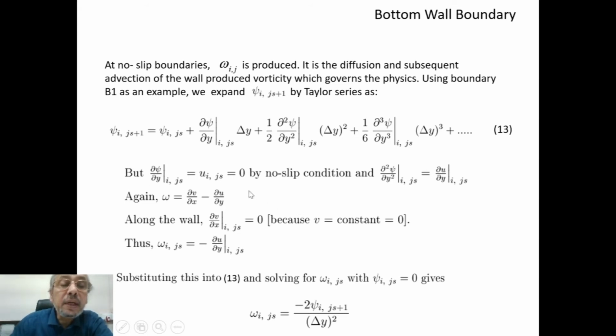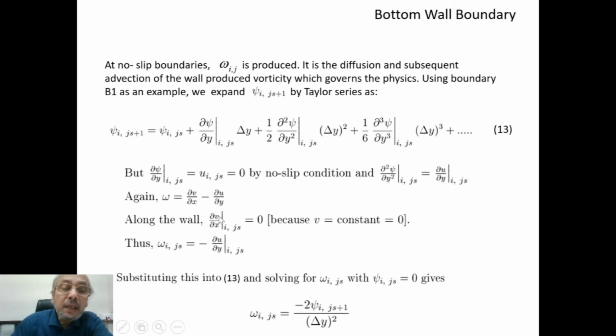So we can find the double derivative: del 2 psi del y2 at ijs equals del u del y at ijs. We leave it there; we are not giving any value right now. We are setting del psi del y and u at ijs, that means on the surface, to 0 due to the no slip condition, and we are mentioning that del 2 psi del y2 equals del u del y because u is del psi del y. Then again omega is del v del x minus del u del y.